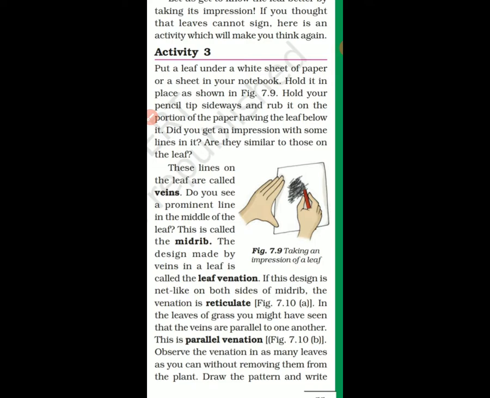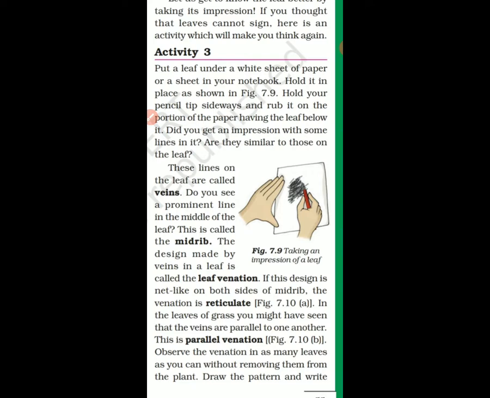Right? Now in the leaves of grass, you might have seen that the veins are parallel to one another. This is parallel venation. You can see it on the next page. The types of venation are shown, that is the reticulate venation and the parallel venation.